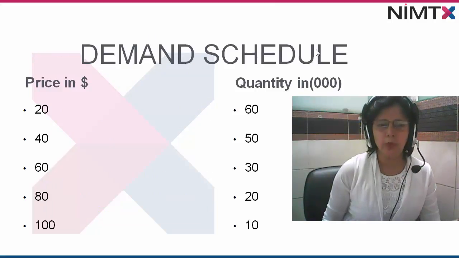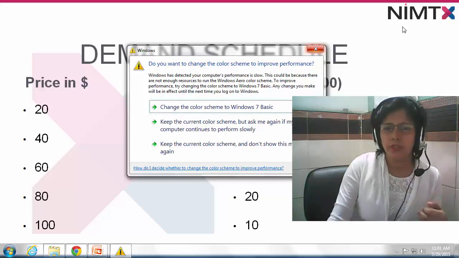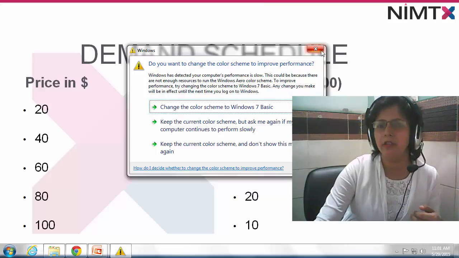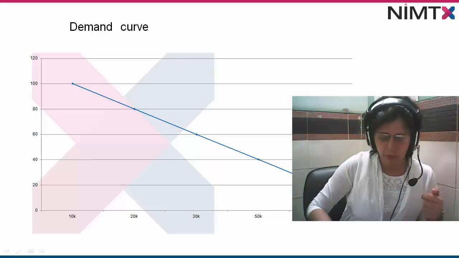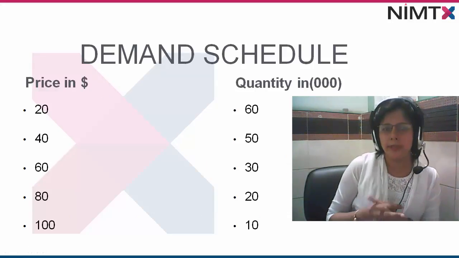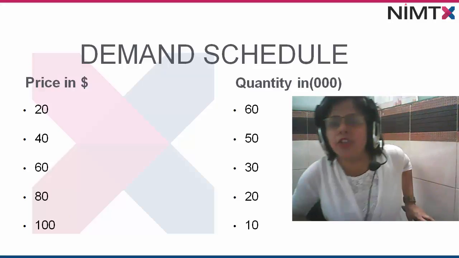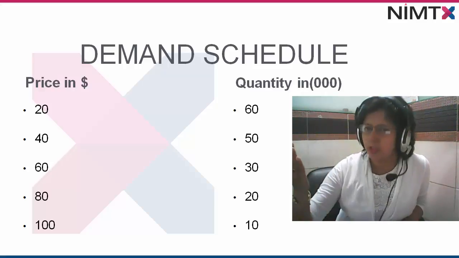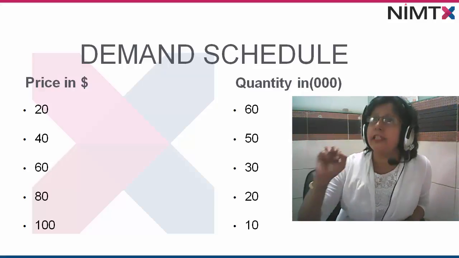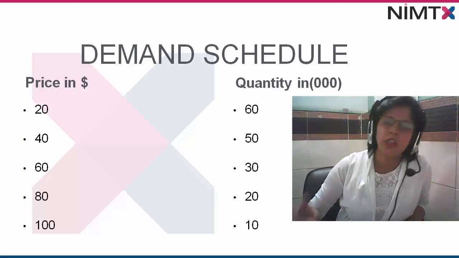Now we are having a demand schedule, the thing which we were discussing earlier. On one side we have price in dollars and on the other side is quantity. We have a $20 ebook, and 60,000 people are going to download that ebook.